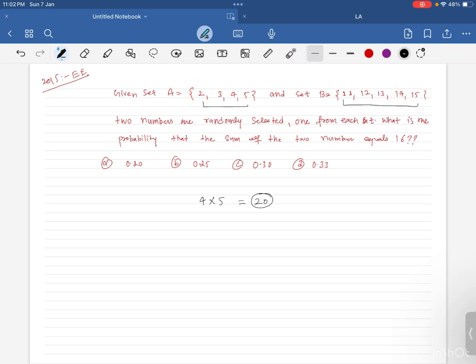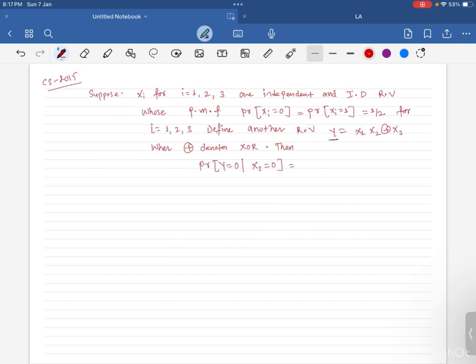So let's write it down: 2 plus 14, 3 plus 13, 4 plus 12, and 5 plus 11. So these are your favorable cases, right? So the probability that you will get sum 16 is equal to 4 divided by 20, that is 1 divided by 5, that is 0.20. So the correct answer for this is A.